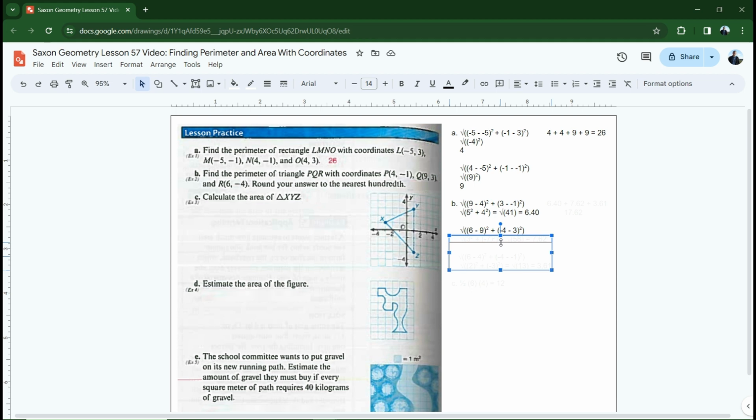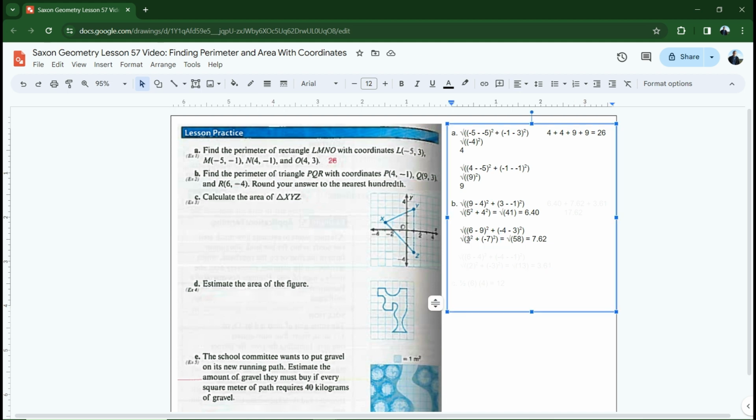So the negatives are just going to go away. Technically this should be negative 3 squared, but it doesn't really matter because when you square it, the negative goes away. So this would be 9 plus 49, which is 58. I do the square root of 58 because the distance formula has a square root built into it. Square root of 58 is 7.62.